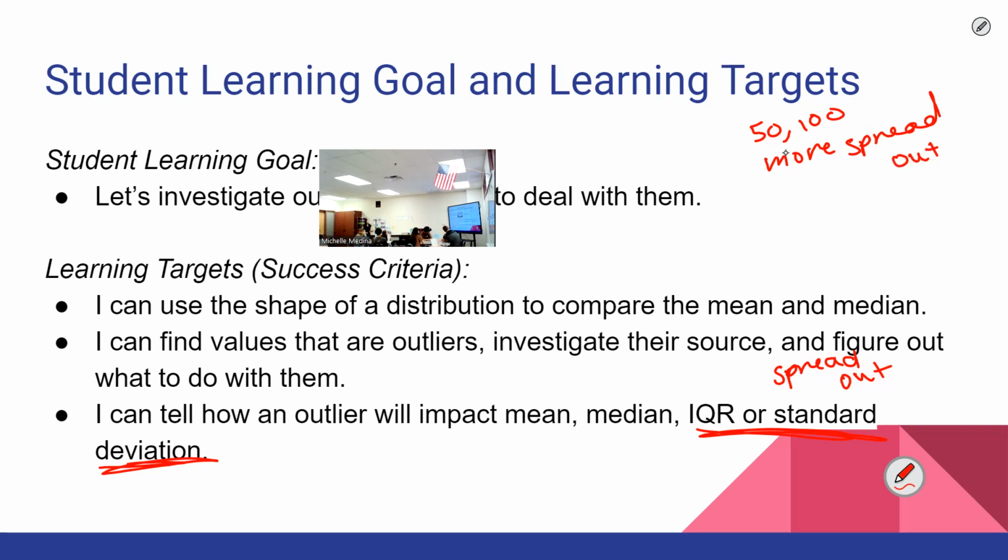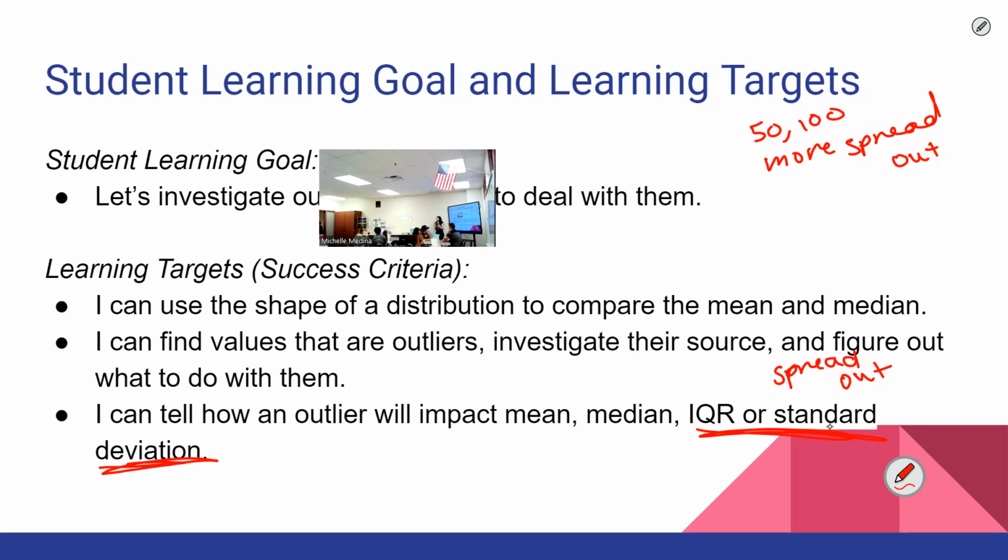However, you will definitely see the standard deviation change. The IQR may or may not, because it's looking at just the middle part of the data. Does that make sense? If I add values to the middle part, then yeah, my IQR will probably change, or maybe not. You'll have to calculate it and see.